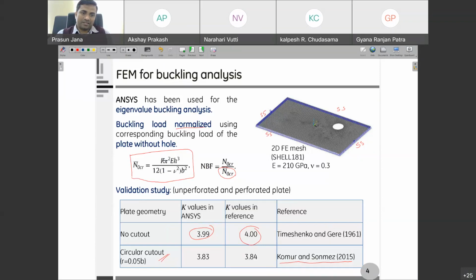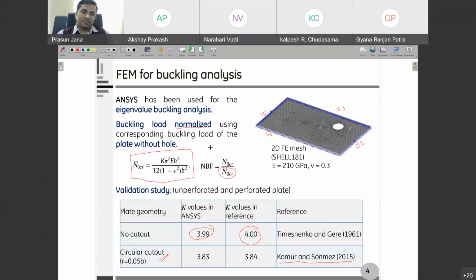You can take this analogy, this formula, as analogous to the formula for beam or column buckling. You know that the Euler column buckling formula for a simply supported column is pi square EI by L square.